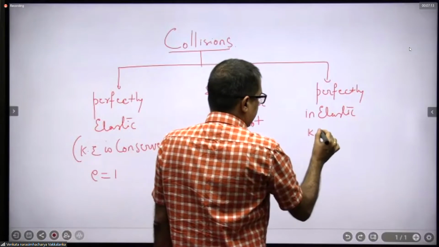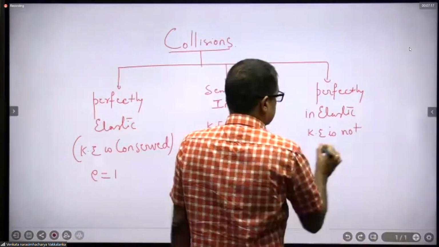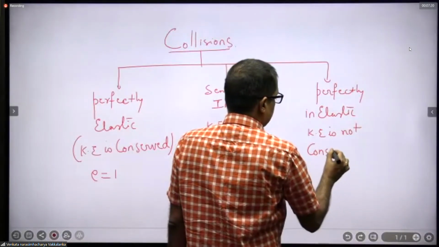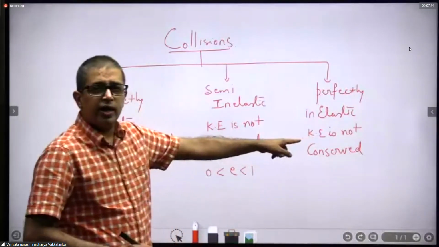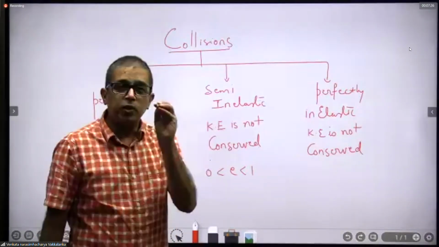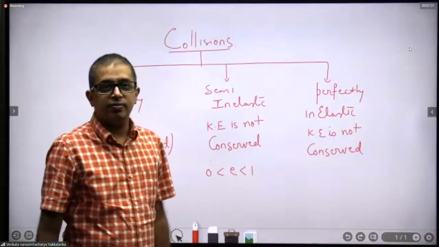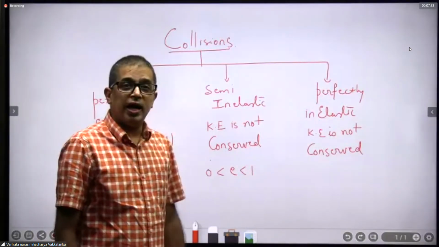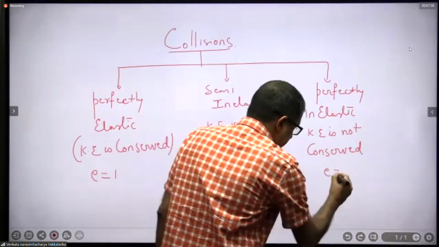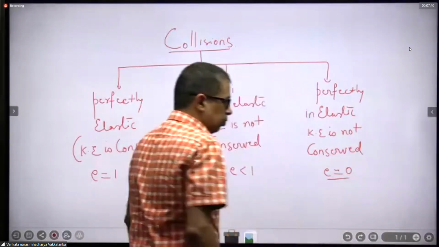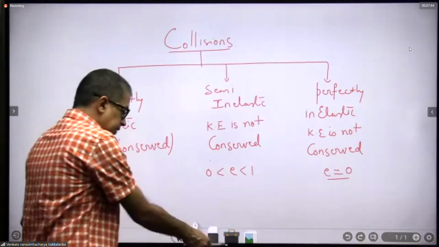In a perfectly inelastic collision, kinetic energy is not conserved, and the maximum kinetic energy is lost. To put it in crude language, both the bodies stick to each other. Here e is equal to 0. That is the first categorization between the three.